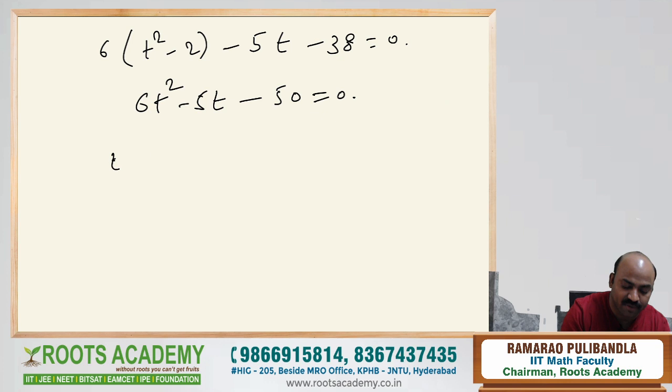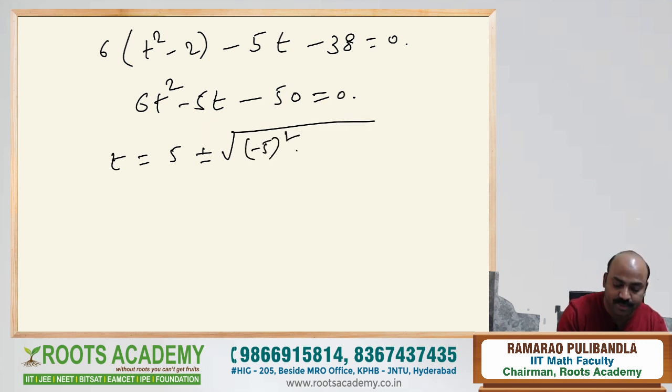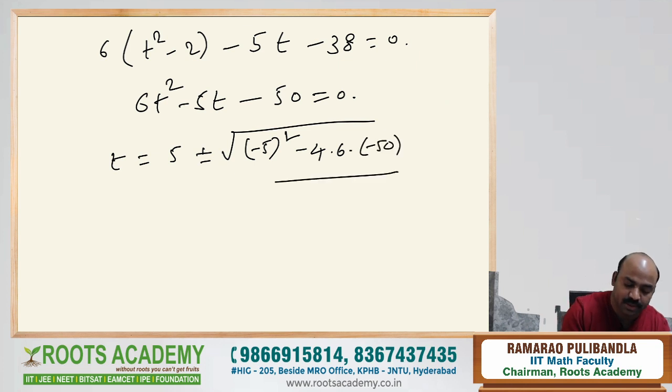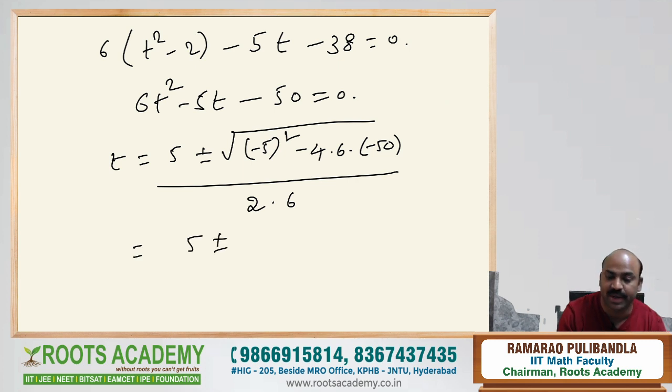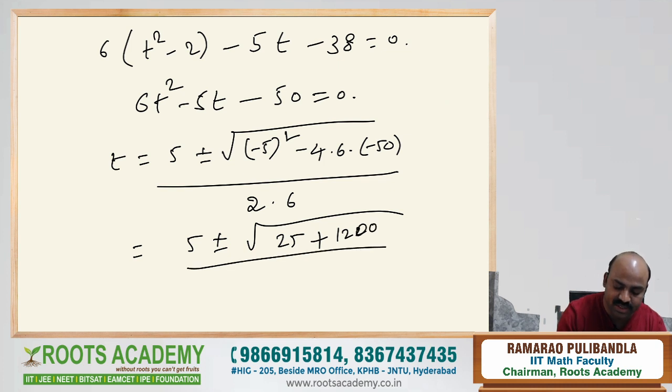t is nothing but 5 plus or minus under root of, how much will you get? Minus 5 square minus 4 into 6 into minus 50, by 2 into 6. So if I simplify this, 5 plus or minus, how much will you get? Under root of 25 plus 1200, so 1225, by 12.